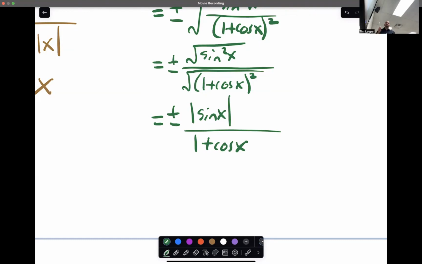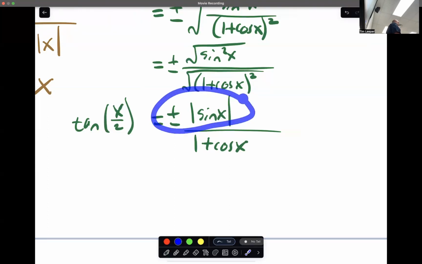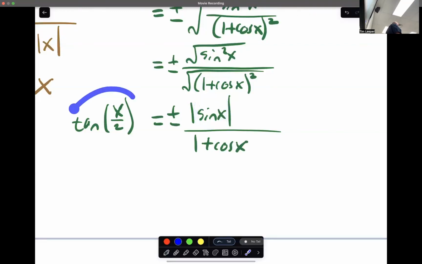One more thing here. The left-hand side is tangent of x over 2. You can go and prove on your own time that the sine of x will always have the same sign as tangent of x over 2. So when sine is positive, tangent of x over 2 is positive. When sine of x is negative, tangent of x over 2 will be negative.